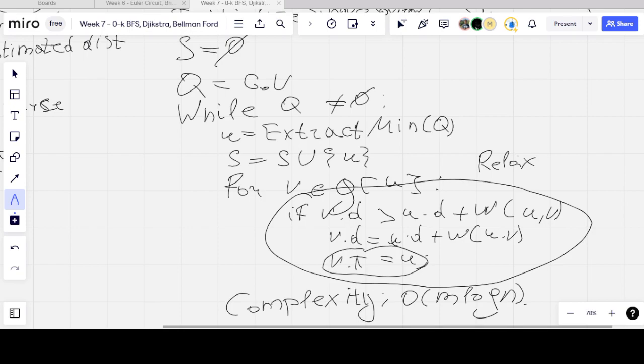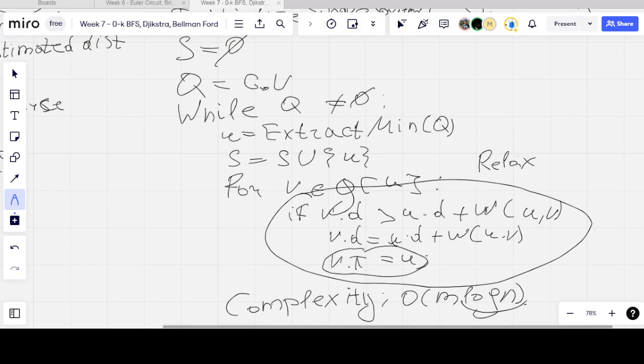That's why we have log n, because every iteration is performed in log n, and we have to consider m edges.